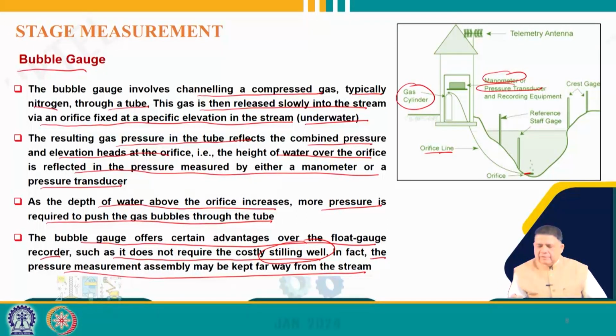But here in this case, it is only an orifice line or a simple tube that is taking gas to this orifice below the water, below the stream level, and that is why this particular arrangement could be far off, because only a pipe has to go. So, that is why it is much less expensive as compared to a stage level recorder.